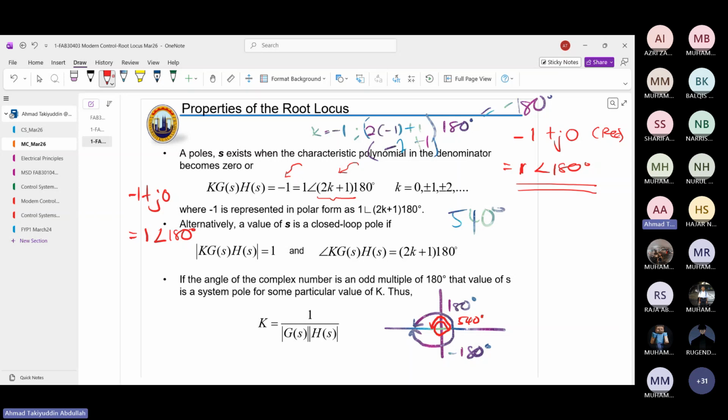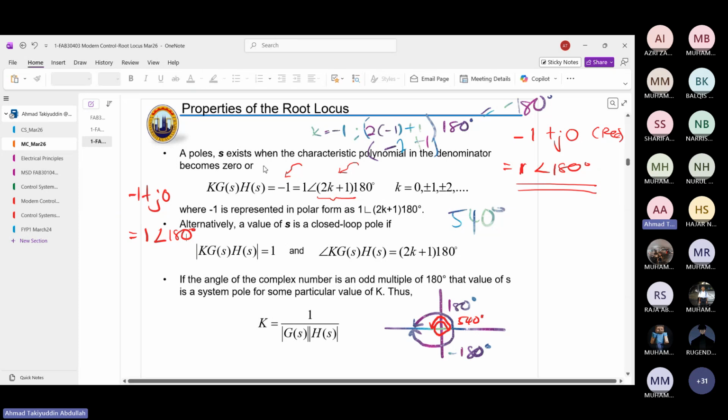And this form of 2k plus 1 is the form where, in the equation, no matter what the k value is, it will always be 180 degrees.